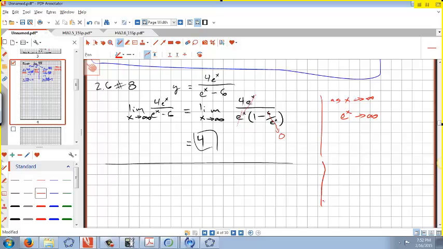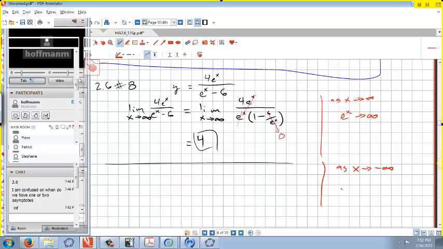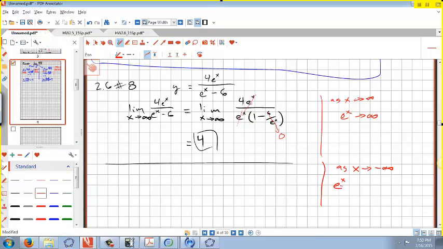Now, what happens to e to the x as x goes to negative infinity? Remember how it kind of looked like this?